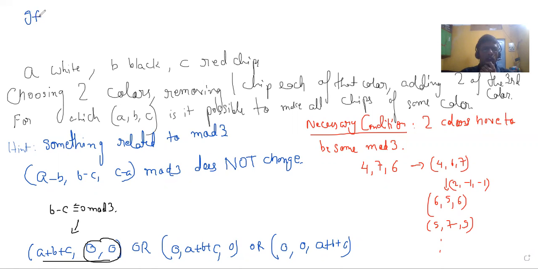Okay, so let's say that we are starting with a, b, c. Without loss of generality, we can assume that b and c are the same modulo 3. Let's assume that they are multiples of 3. Yeah, that's right. But you can increase and decrease, right? And you can make them both 0 modulo 3.